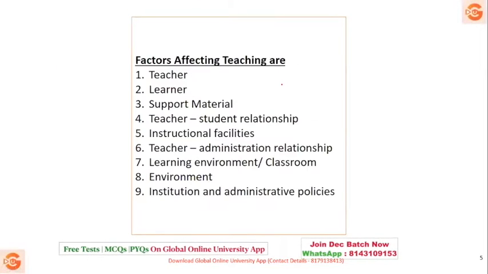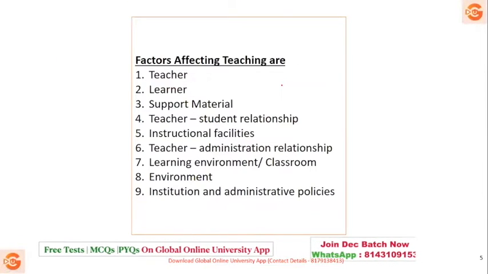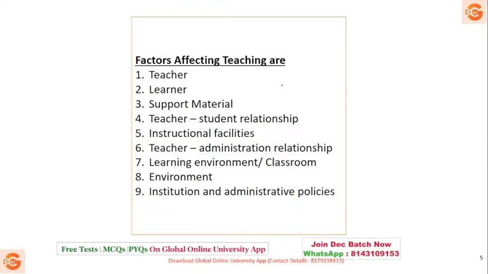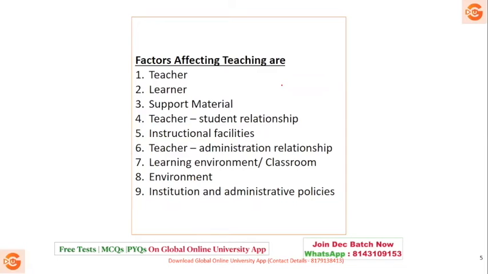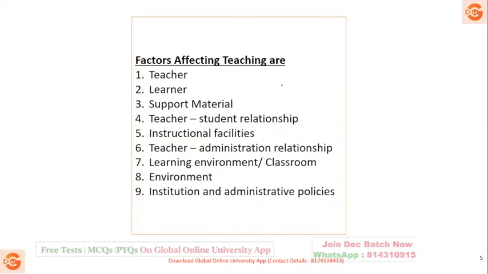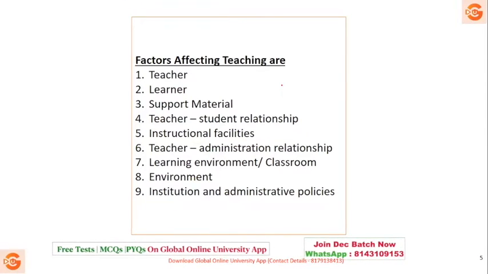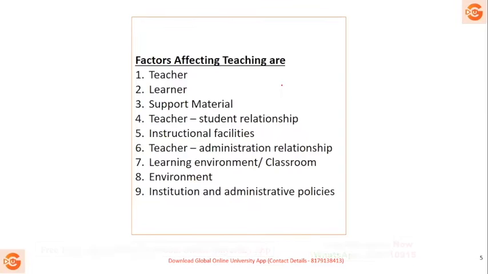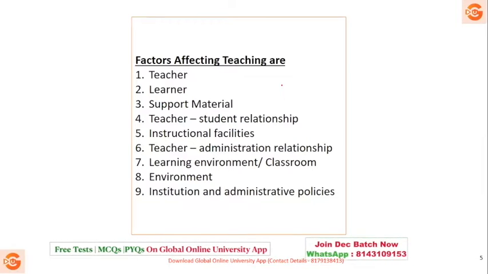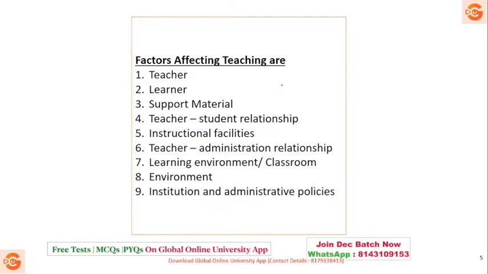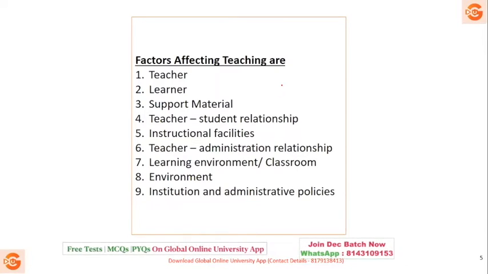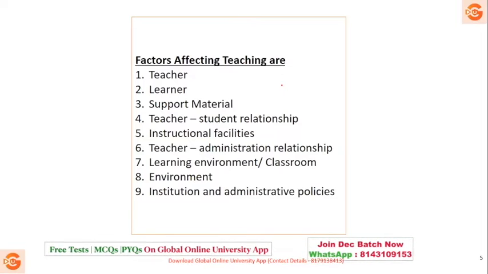Coming to the factors which affect teaching, we will see them one by one. Basically, there are 9 factors: teacher, learner, support material, teacher student relationship, instructional facilities, teacher administration relationship, then learning environment, classroom environment specifically, and certain administrative policies.